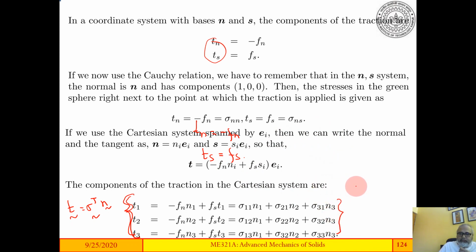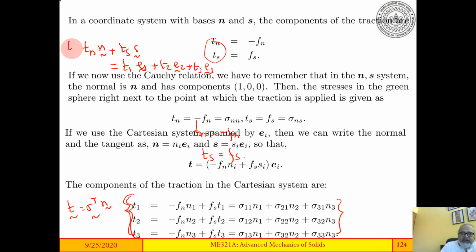And this just shows that in different coordinate systems you may get different sets of traction components, but the traction vector itself remains the same. What I mean by that is Tn n plus Ts s, this vector is equal to T1 E1 plus T2 E2 plus T3 E3.